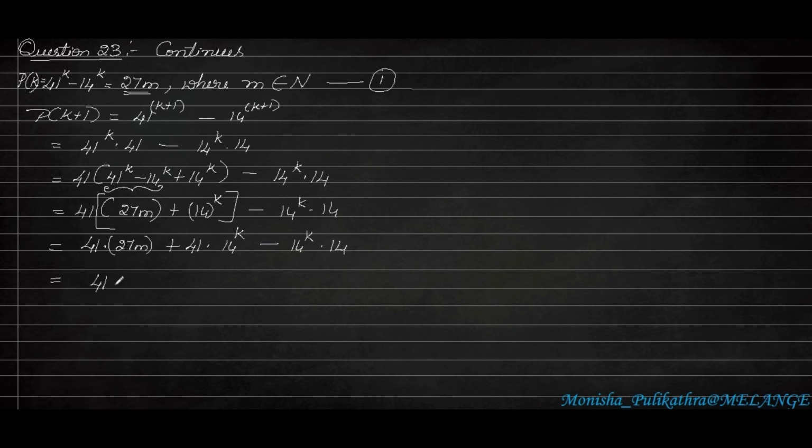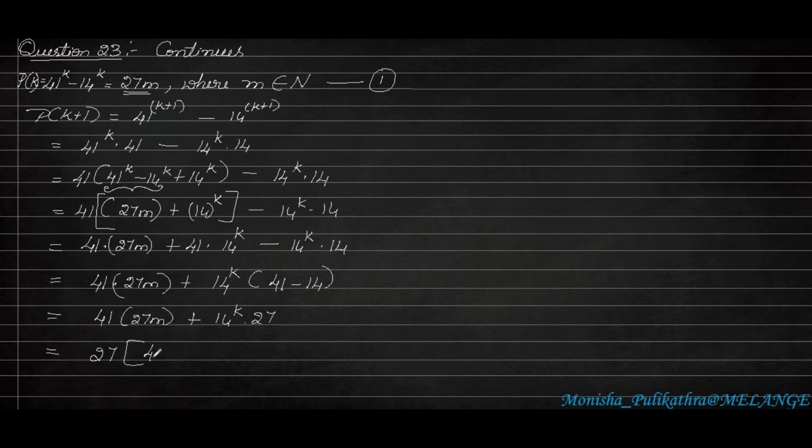So here I write as it is 41 into 27m. Here 14 to the power of k is common. If I take 14 to the power of k common, the remaining is 41 minus 14. So it will become 41 into 27m plus 14 to the power of k into 27. Here 27 is common, so altogether I will be taking 27 common.